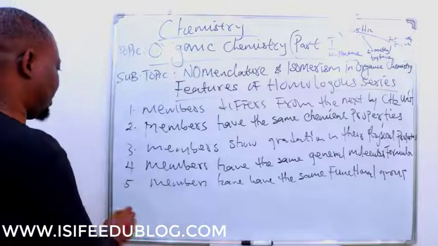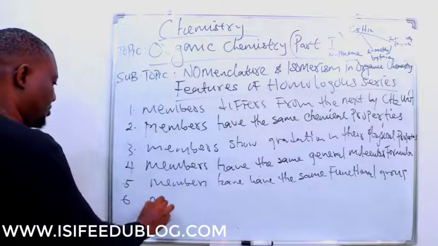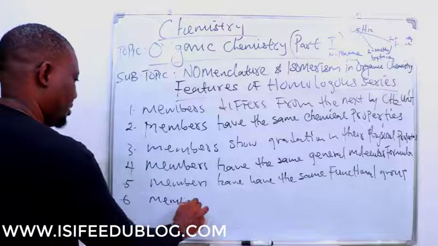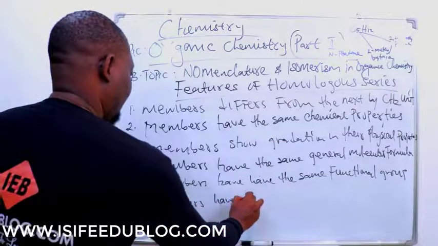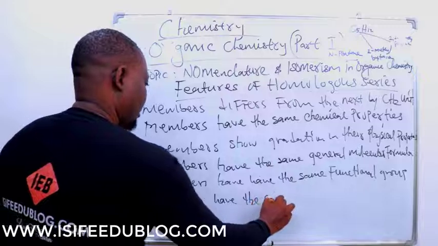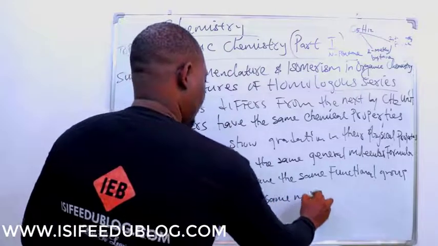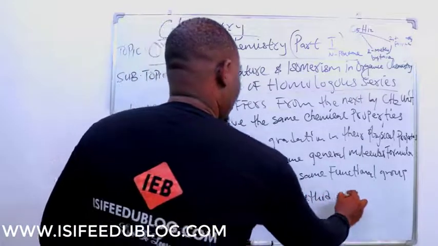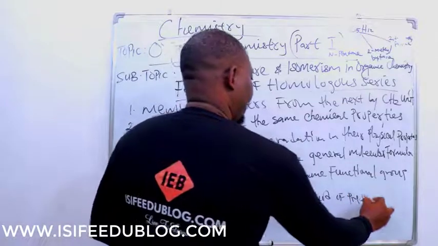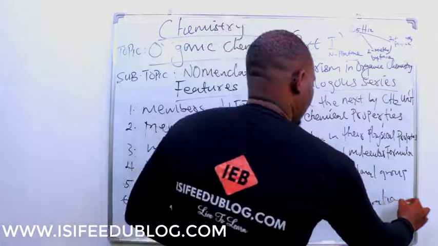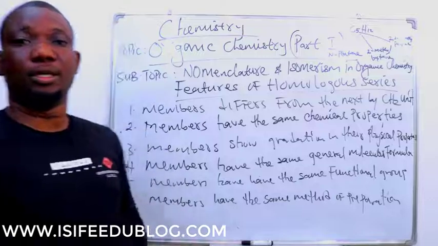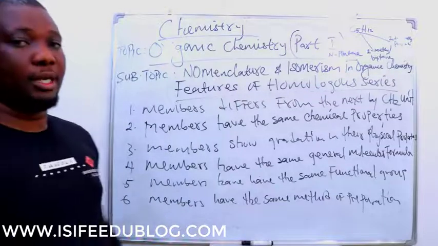And number 6, members have the same method of preparation. That is, all members of the same homologous series can be prepared the same way.